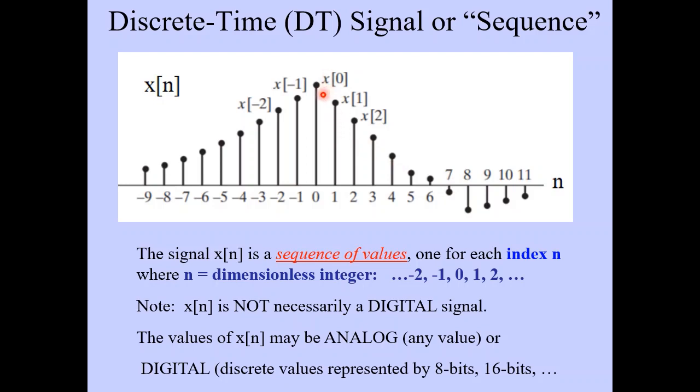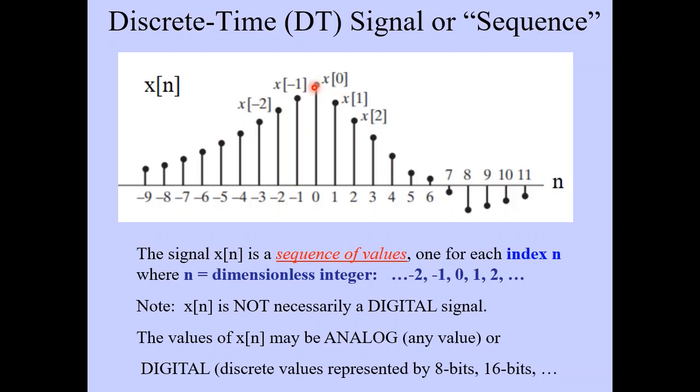You can see we can go to the left side, just like going negative time. We can also go negative values of n. So this is x of negative 1, x of negative 2, and so forth. I should also point out that in between these values, there is no defined value. So in other words, there is no signal between n equals 0 and n equals 1. It's not equal to 0, it's just undefined.